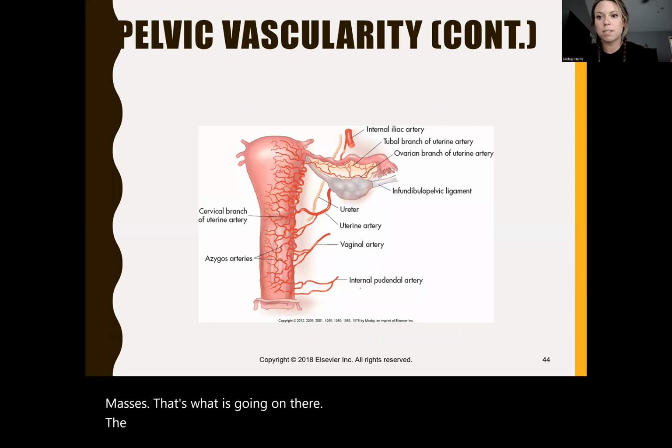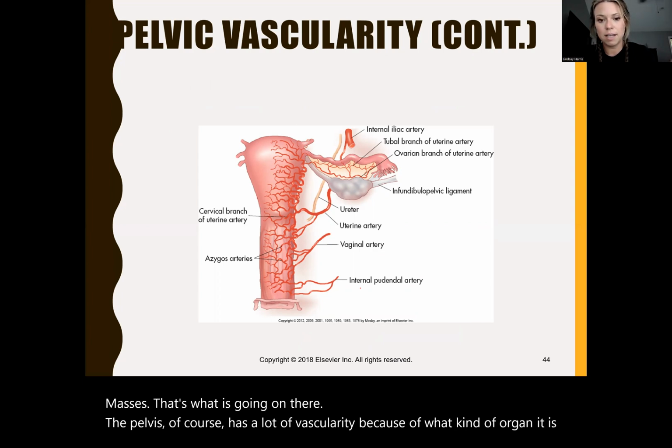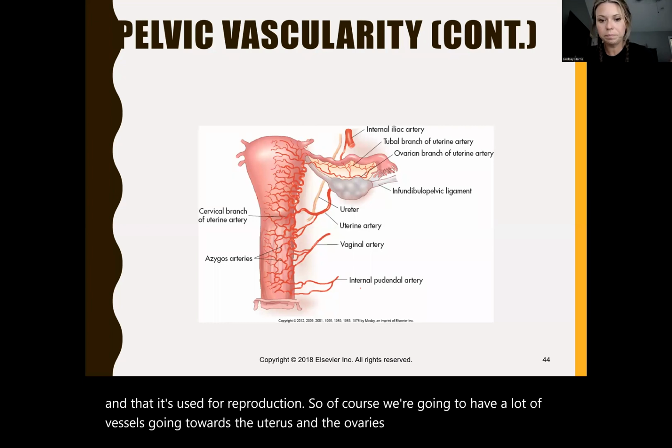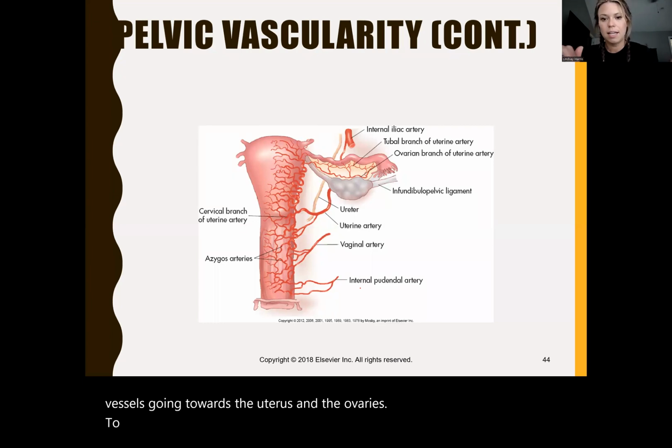The pelvis, of course, has a lot of vascularity because of what kind of organ it is and that it's used for reproduction. So, of course, we're going to have a lot of vessels going towards the uterus and the ovaries. This is just a look at the pelvic vascularity.